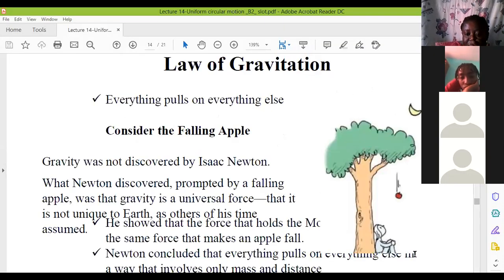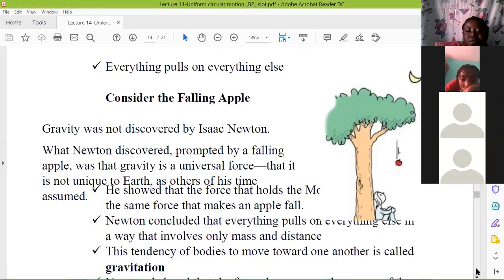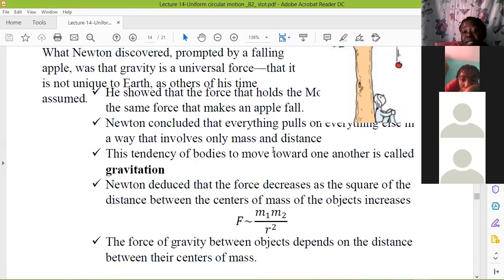This is what Sir Isaac Newton realized: everything holds onto another one and pulls it, so that involves the masses and the distances. That tendency of pulling one another is called gravitation.